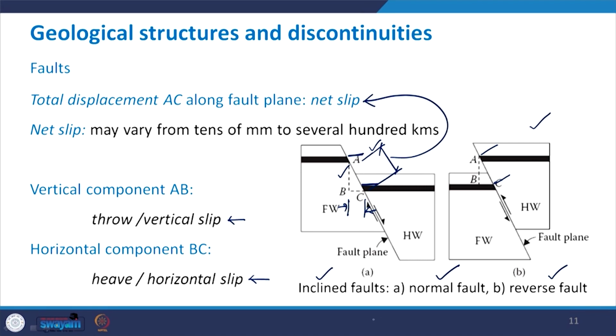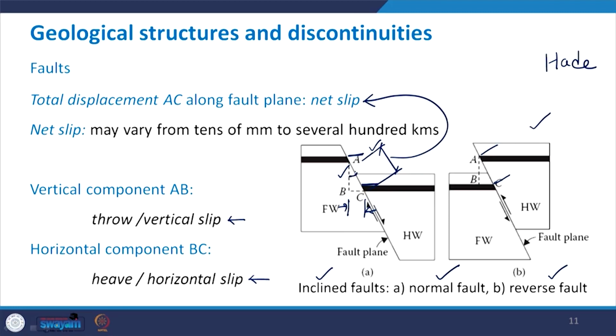Then the angle which is subtended between the fault plane and any vertical plane which is striking in the same direction is called as head of the fault, head. Now have a look at this figure, this angle BAC.